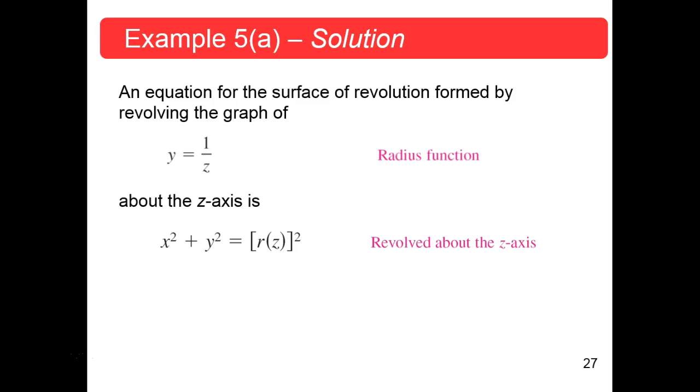Now notice about the z-axis, we already have this as a function of z, so this will be x squared plus y squared is equal to r of z squared. There is your r of z. But you're going to square that, so that would make it x squared plus y squared is equal to 1 over z squared. And that's why they wrote it in that form. I wrote it 1 over z squared, which is the same thing.